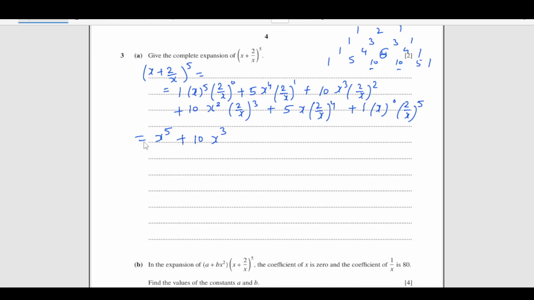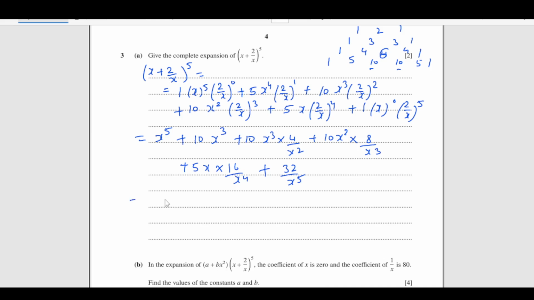Then after that we have 10 x cubed into 4 over x squared when you expand this one, and then plus 10x squared times 8 over x cubed. Then we have plus 5x into 2 to the power 4, 16 over x to the power 4. Then plus 1 times 32 over x to the power 5, right.